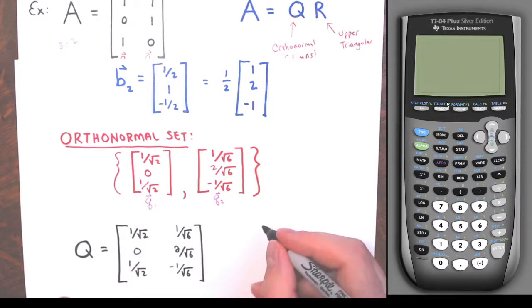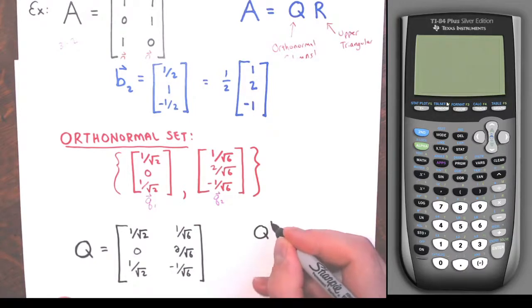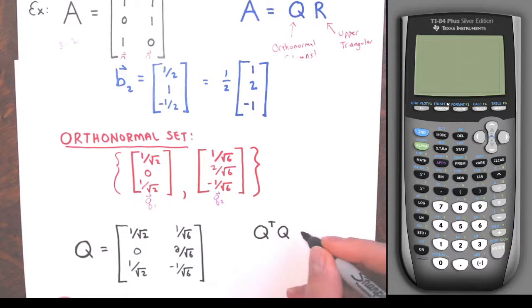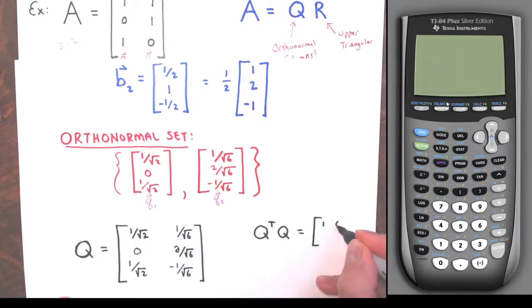So you're going to notice that if you took Q transpose times Q, right, that'd be a 2 by 3 times a 3 by 2, you would get the 2 by 2 identity matrix, right, which I'll call I sub 2, 2 by 2 identity matrix.